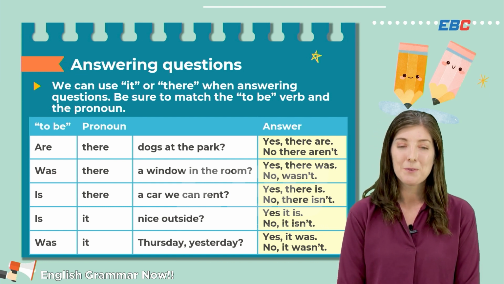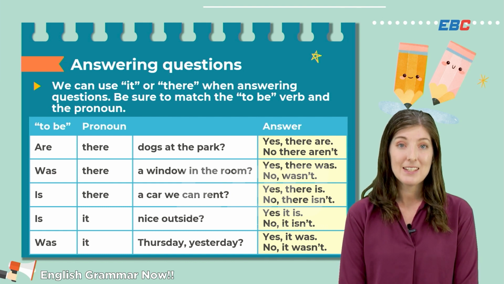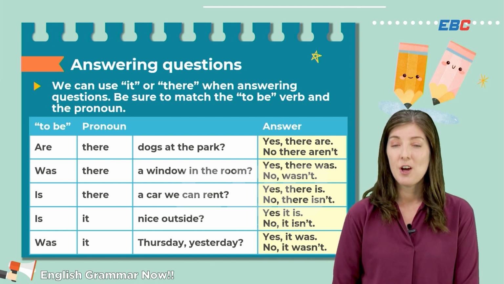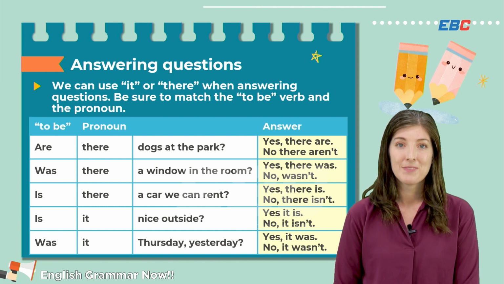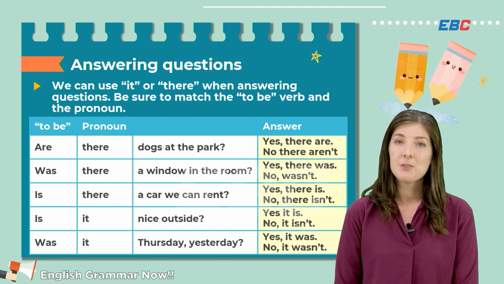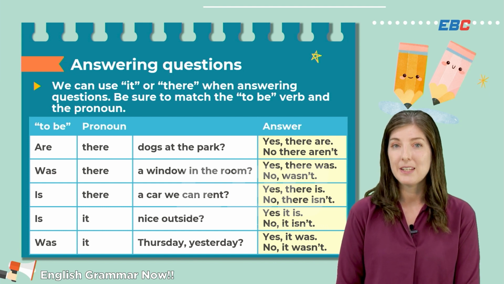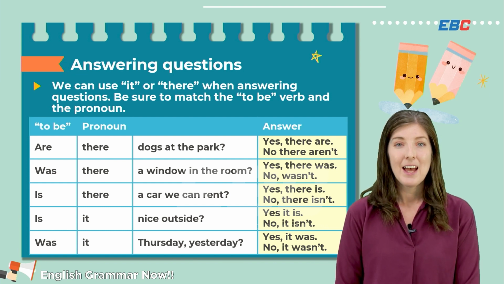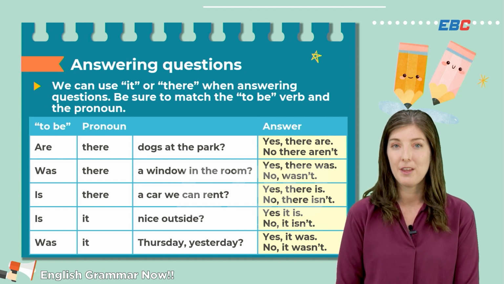One more example. Was it Thursday yesterday? Yes, it was. No, it wasn't. So when we write answers, we make sure to use the same form of to be as in the question, as well as the same pronoun, it or there.